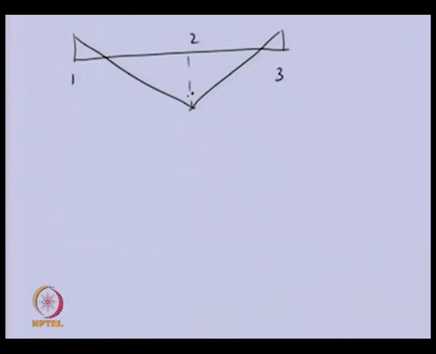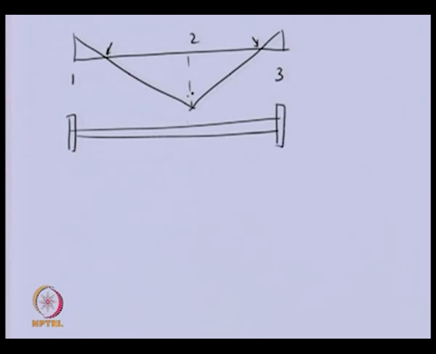In this particular case you can see these are the node positions where there is no displacement. As such, we had the rotor system like this, mounted on frictionless bearings. So, you can see that the node positions are here and here.